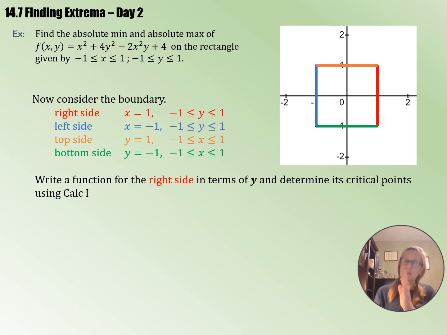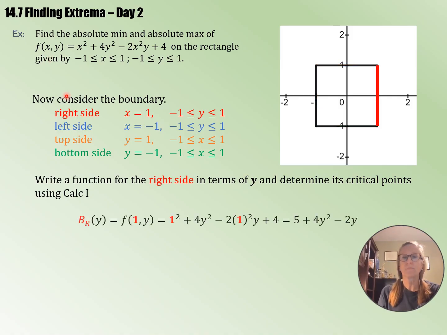So what I'm going to do is attack that first side. I'm going to go 1, 2, 3, 4. I'm going to start with that right line segment, and I'm going to go up to my height function. I'm going to say, what would this height function be if x was always 1?